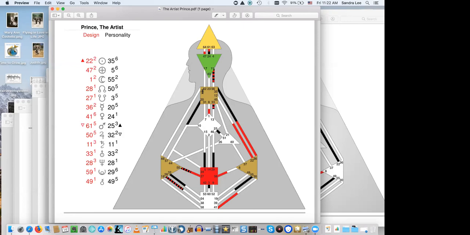If we look at Prince as a musician and as an artist, when I looked him up today, he plays a lot of different instruments. He's good at a lot of different instruments and a lot of different things when it comes to music. And if we look at Prince's musical career, he was on the edge of what is conventionally accepted, on the edge of spirituality, on the edge of creativity.